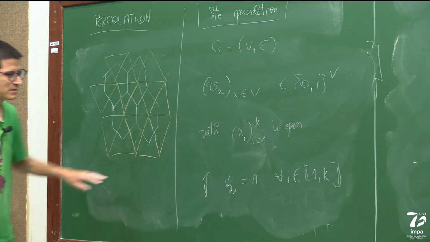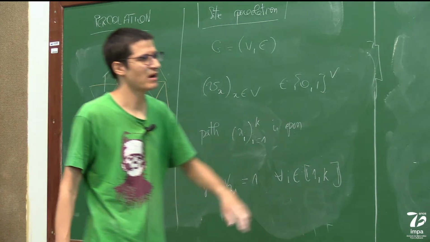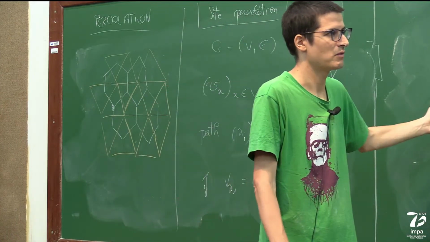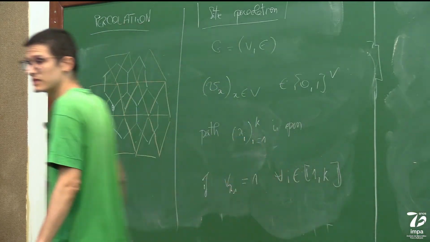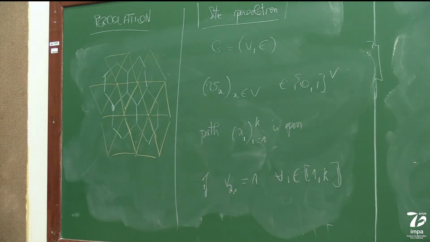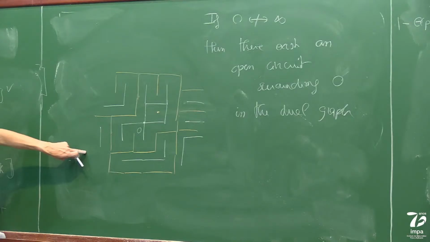It turns out that the proof we have just presented for bond percolation extends to that case as well. You have to replace this blocking circuit argument by another blocking circuit argument, but it's basically something very similar.